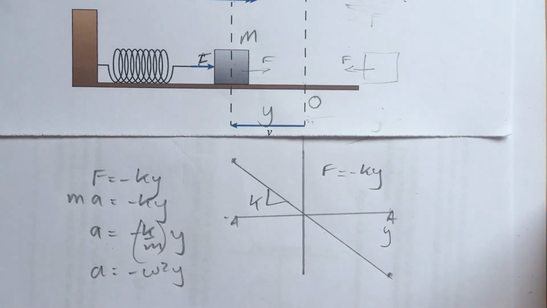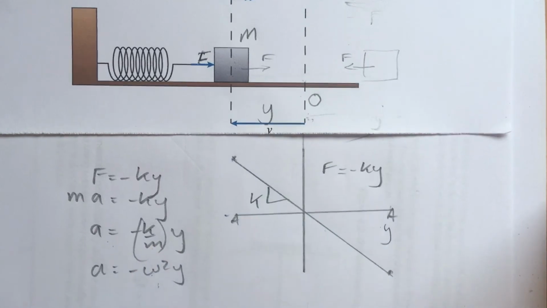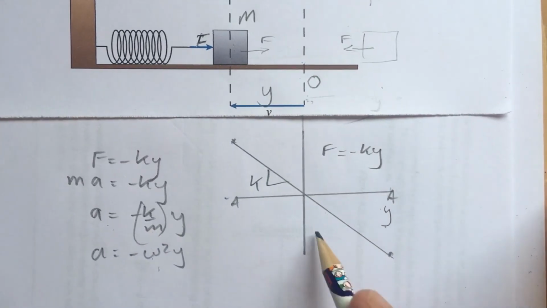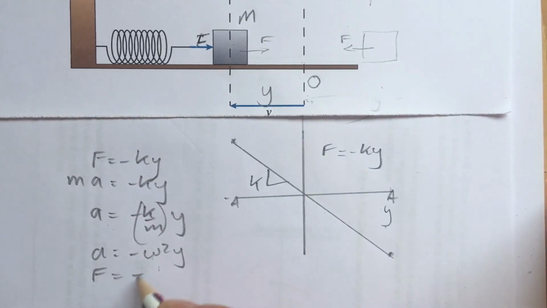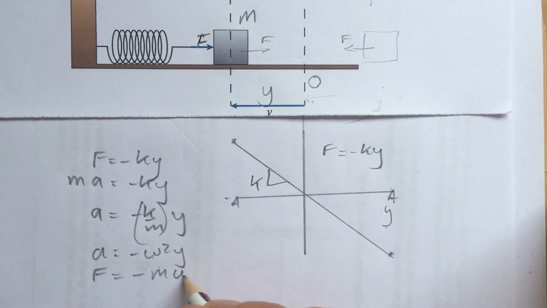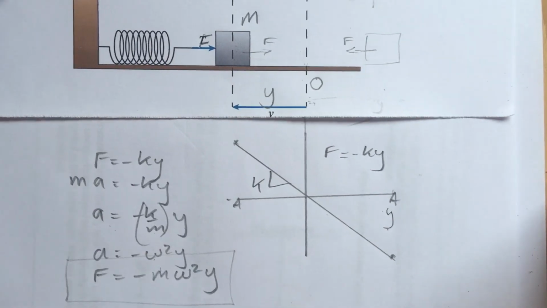In this case, the omega squared is equal to k over m. So you can have an equation for the force of something in simple harmonic motion: F equals minus m omega squared y. We're going to come back to that equation later on, so I'll keep that bit of paper handy.